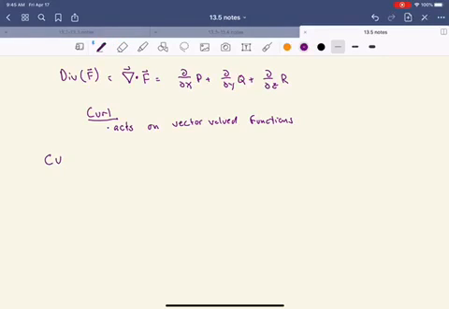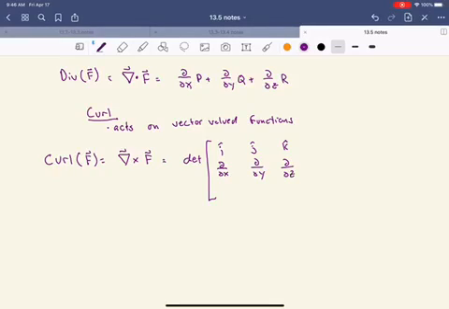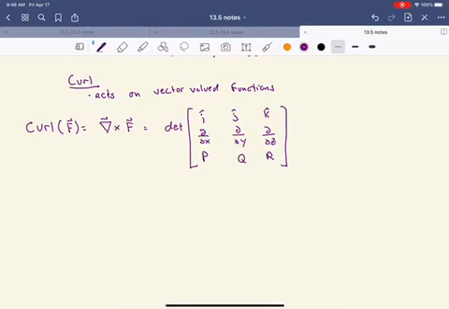The curl of, let's say, f, you might denote it as the gradient operator in a cross product with f, which in this case, well, the determinant, we're going to put i, j, k up top, the derivative operator in the second row, and then the vector-valued function in the third row, and then we'll take the determinant there.